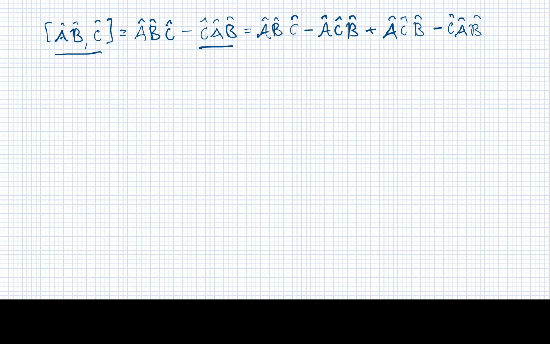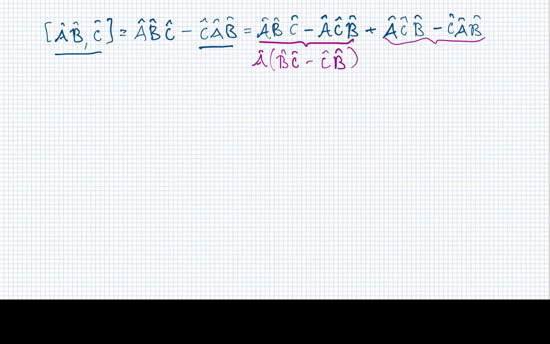All right, but now when I look at what I've got here, I want to combine these two terms together, and I want to combine these two terms together. Well, if I combine these two, I can write this as A times (BC minus CB).